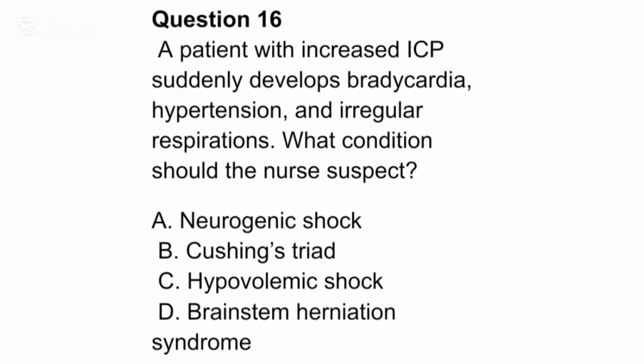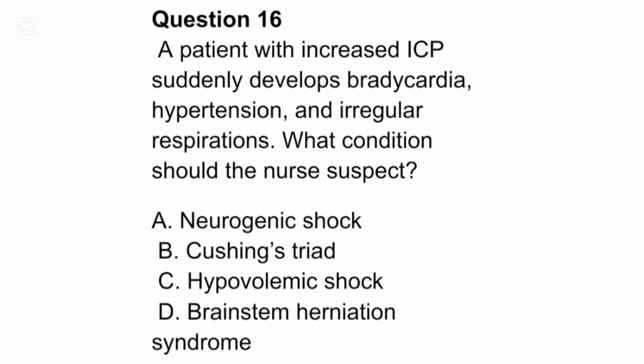Question 16. A patient with increased ICP suddenly develops bradycardia, hypertension, and irregular respirations. What condition should the nurse suspect? A. Neurogenic shock. B. Cushing's triad. C. Hypovolemic shock.